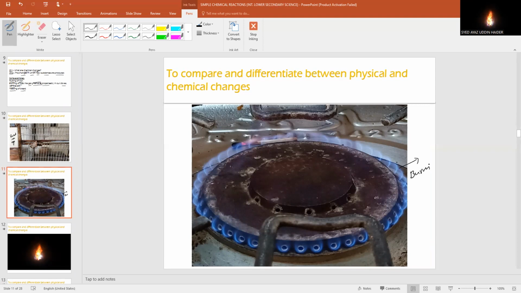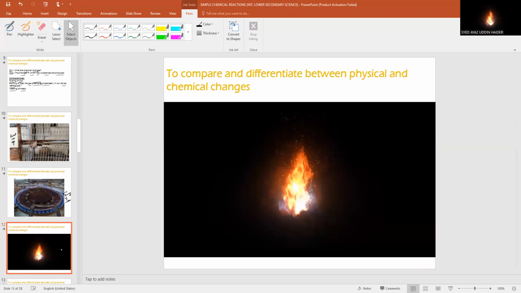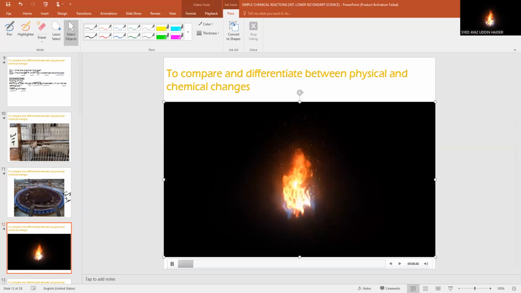Burning of methane. This is also an example of chemical change because this results in the formation of new products. This is burning of propane gas. It also results in the formation of new substances.